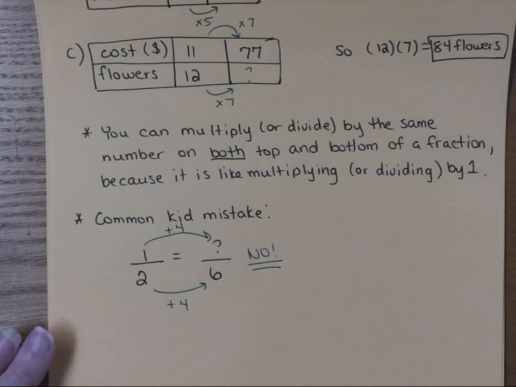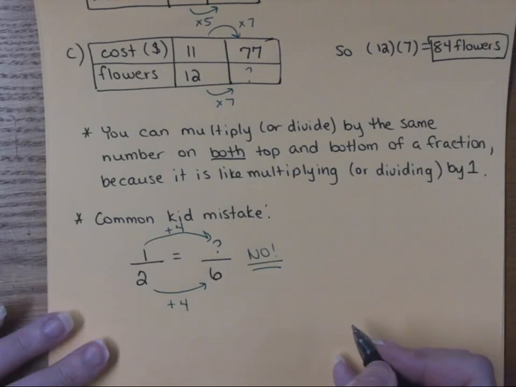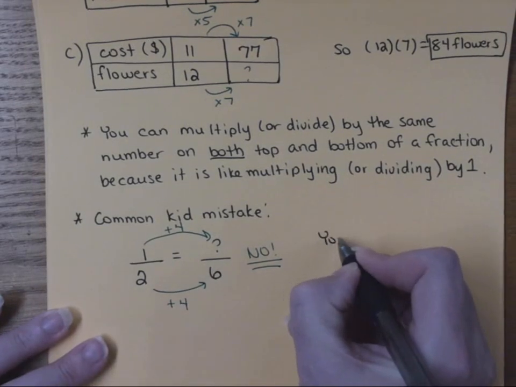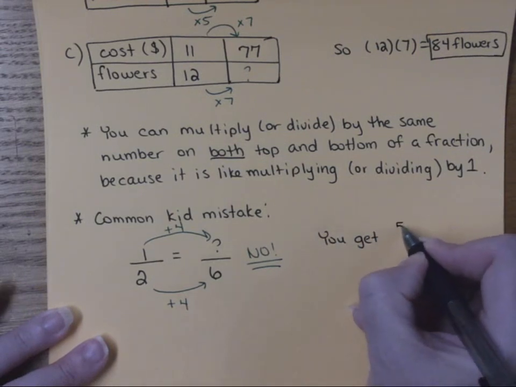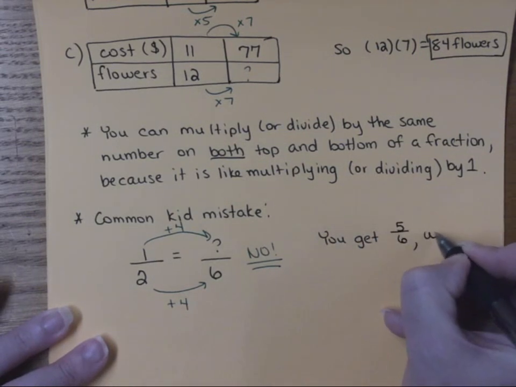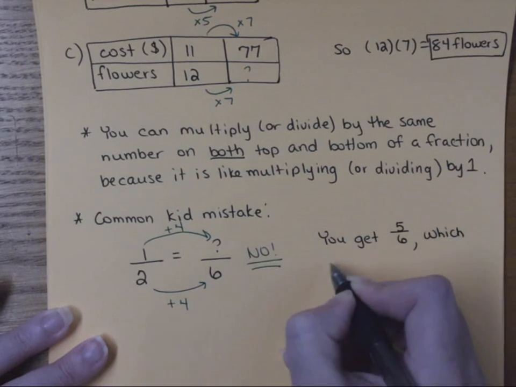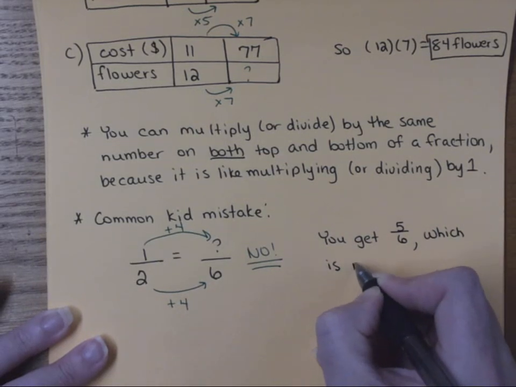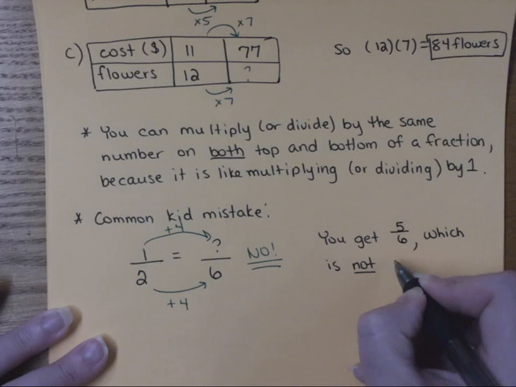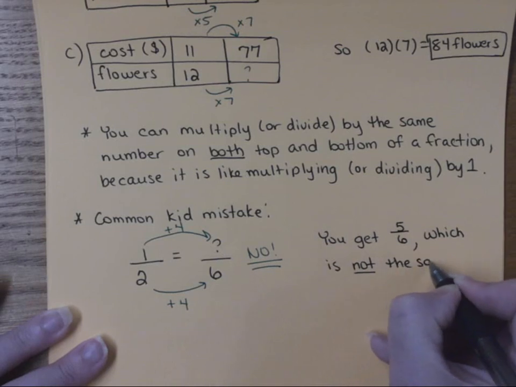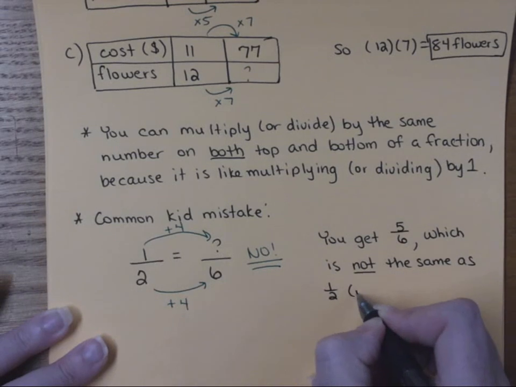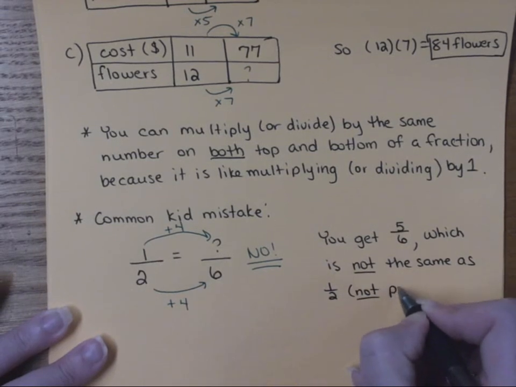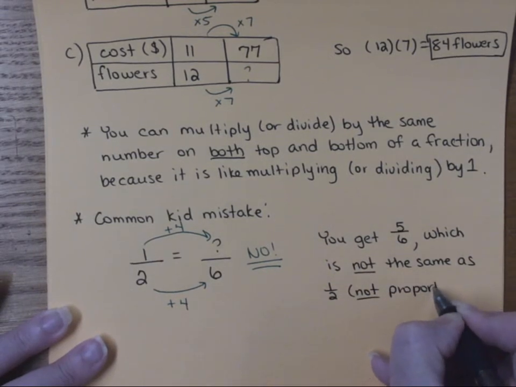So I just want to say no so that you don't think later on, hey, she said that we could do this, okay? The reason it doesn't work is because what do you get when you add 4 to the top? You get 5 over 6, okay? And the problem with that is it's not the same as 1/2. It's not proportional. So it doesn't check out mathematically because we get things that are not the same as each other, or not proportional.